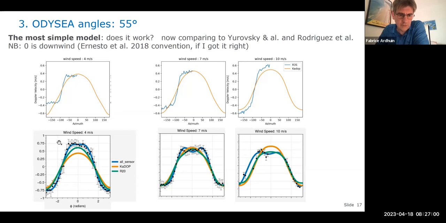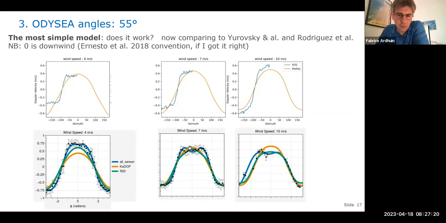So what you can see is that at 4 meters per second, the SMOD data actually gives you a much higher GMF velocity than KDOP, and that means that essentially there's a lot of things missing in the very simple tilt model here.